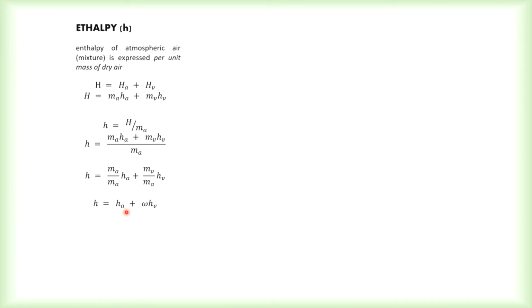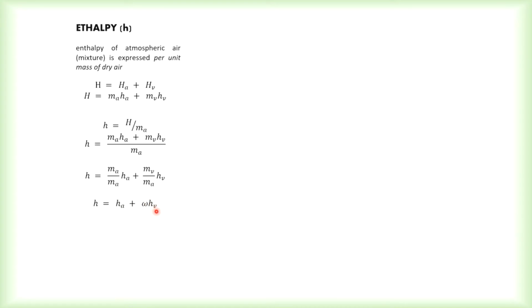So HA can be found using CPT, where CP for air is around 1.004 to 1.006. But we consider it as a constant at low temperature, CPA is 1.005, multiplied by the temperature of the air, usually the dry bulb temperature. Then omega HV.